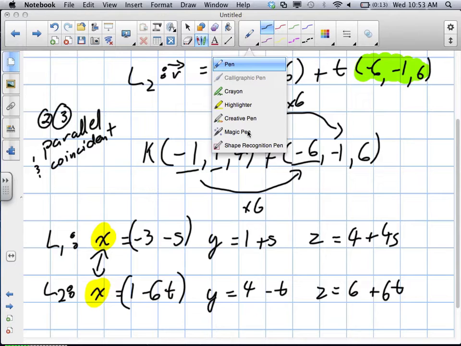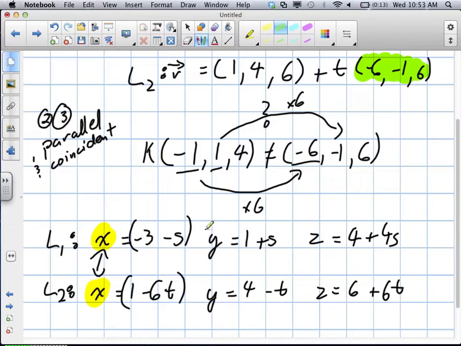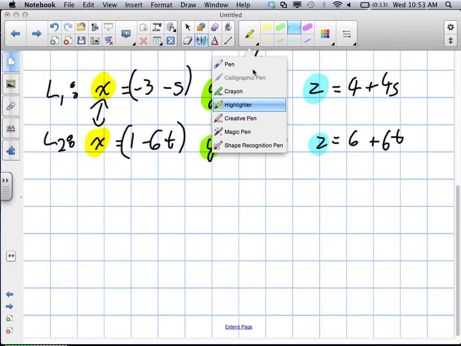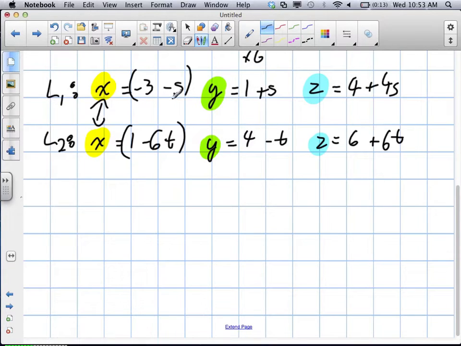I only really need to do one of them in order to find our parameter s, but I could choose any of them. I could set the y's equal to each other, or the 2 equations that are equal to y, or the 2 that are representing z, equal to each other. We'll start with just the x one since it's the first one. It doesn't technically matter. And the reason we do this is so we can find a value for our parameters s and t.